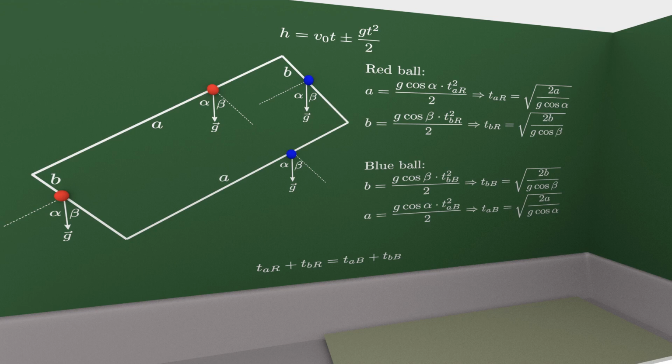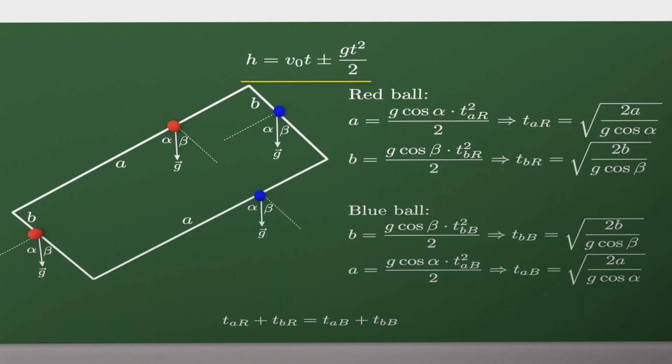First, we shall use this equation. It is the equation for the distance traveled with initial velocity and acceleration. It is a general equation, of course. In our case, we do not have initial velocity, so this part of the equation is 0.